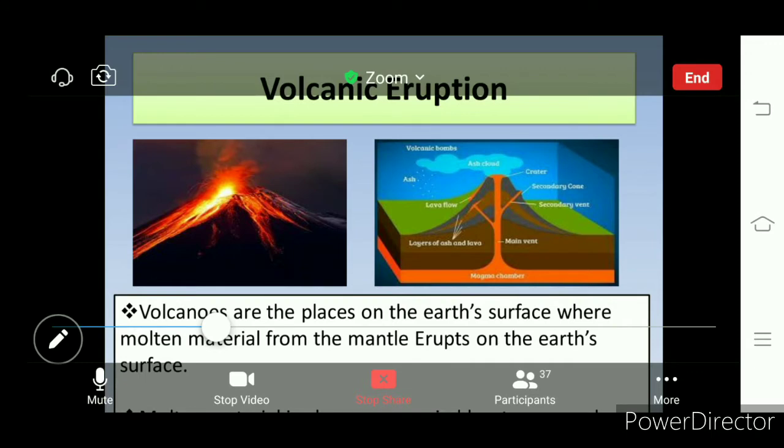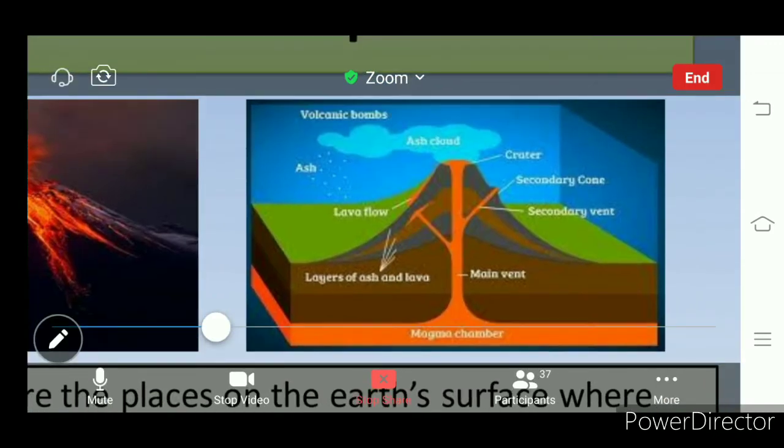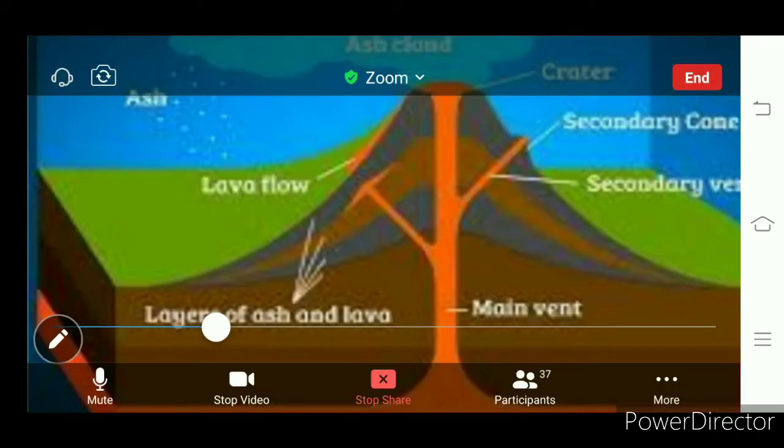When eruption takes place, there is steam, that means boiled water, some smoke, and material from the mantle erupts out.